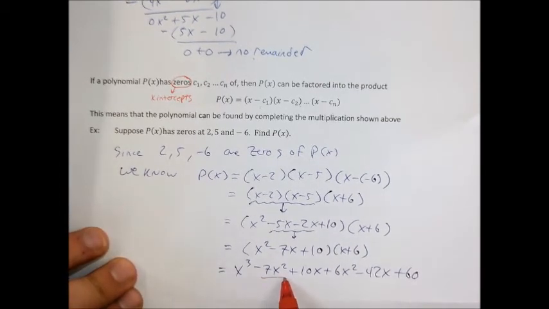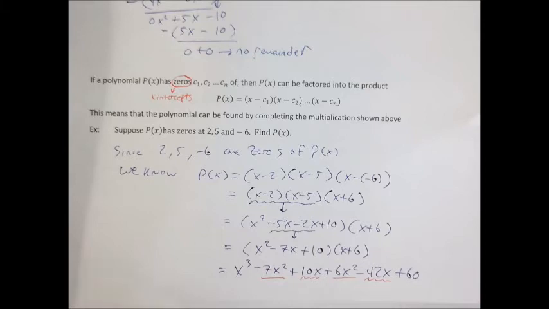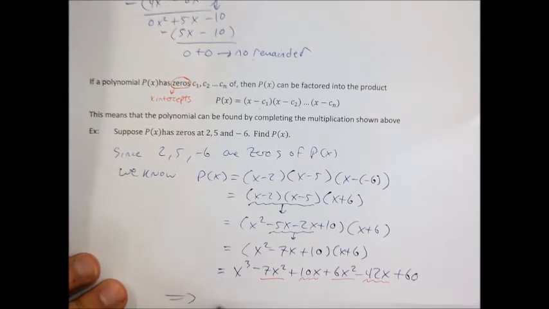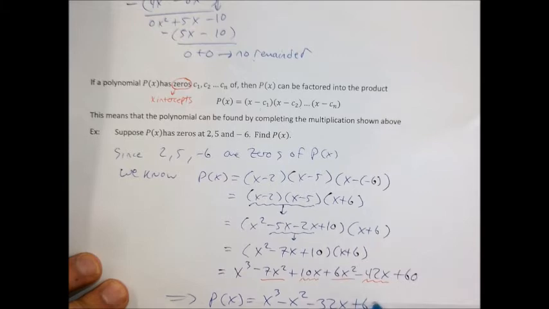We've got a couple of squareds, a 7x squared and a 6x squared, or a minus 7 plus 6, I mean. And then we've got a plus 10x minus 42. And so we can combine those like terms and get our final answer of x cubed minus x squared minus 32x plus 60.